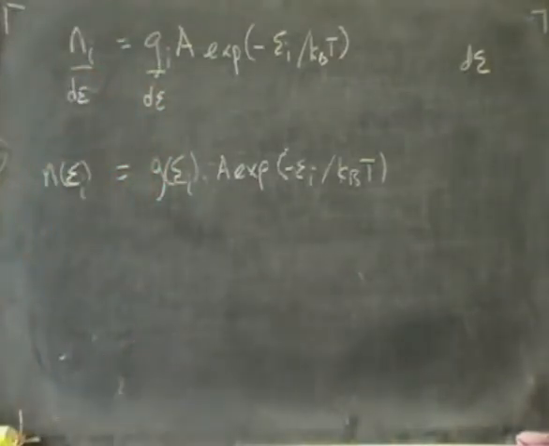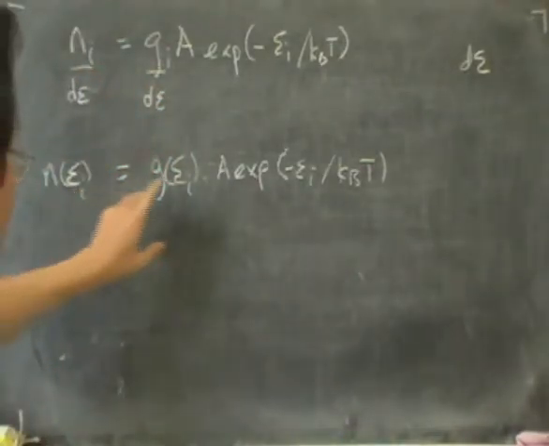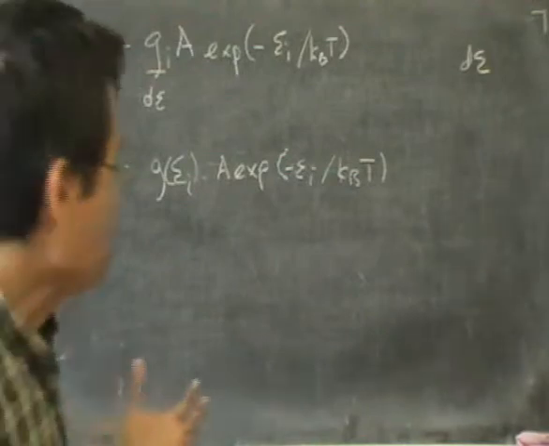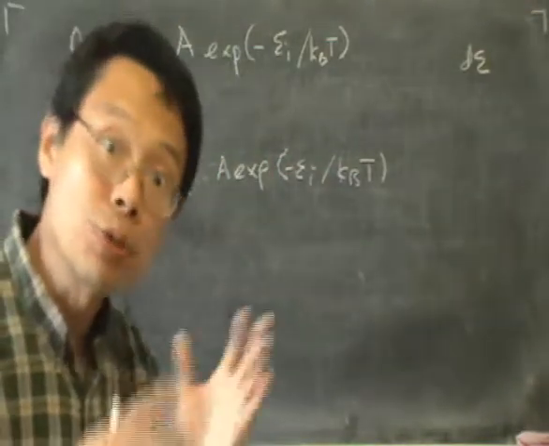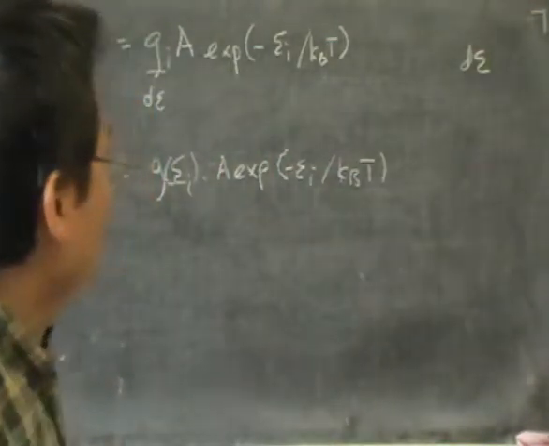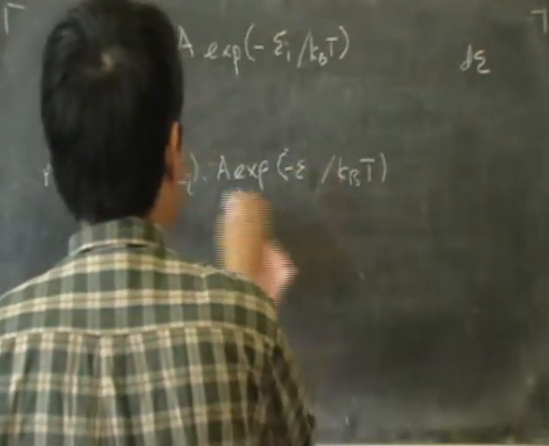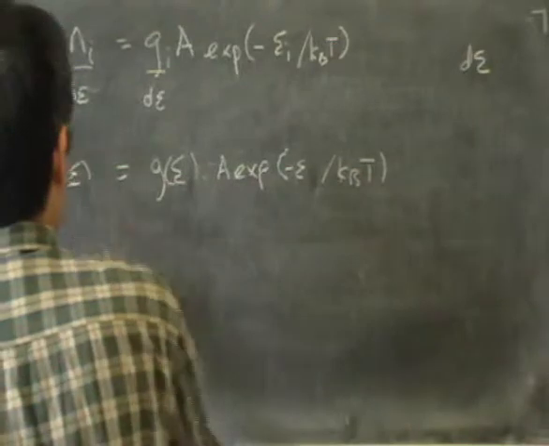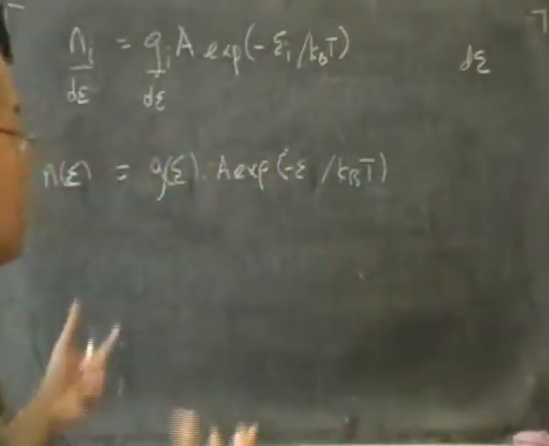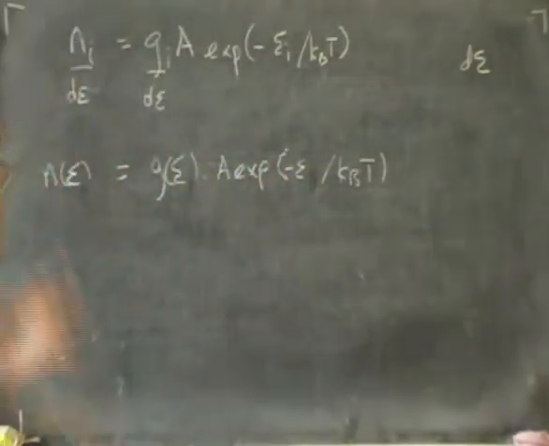So now that we have done that, there's no need to keep the i anymore, because the ei in this formula just refers to a particular energy. So we can do just as well by leaving out the i and just using the e here to represent a particular energy. So this is where we are.